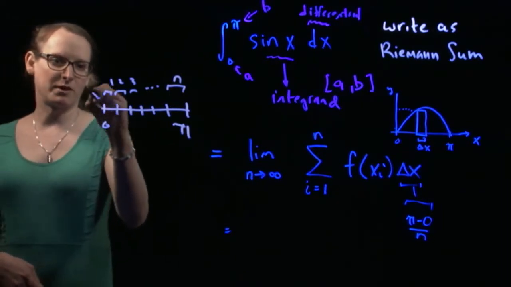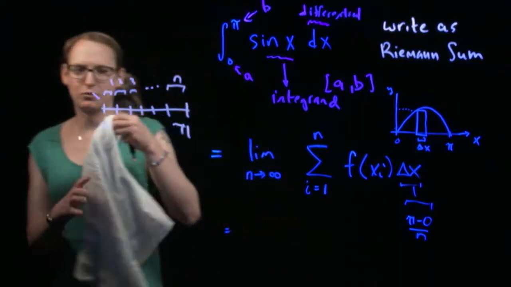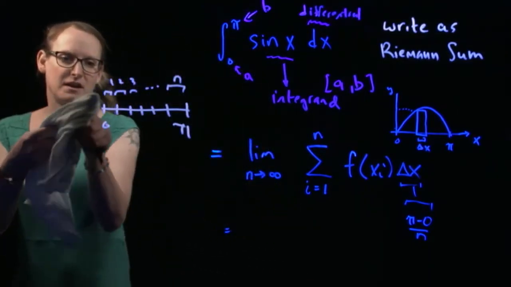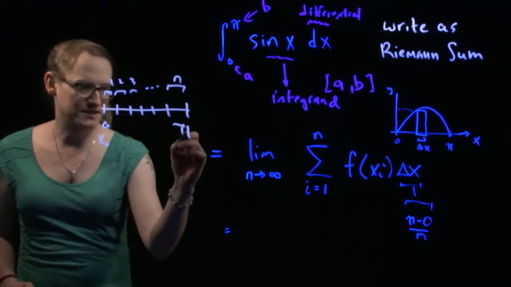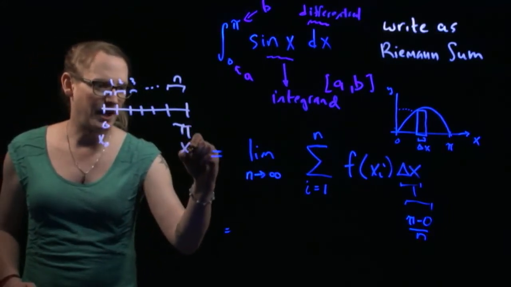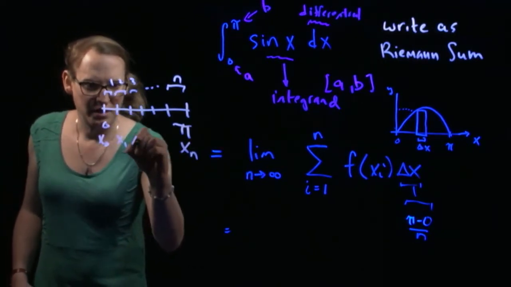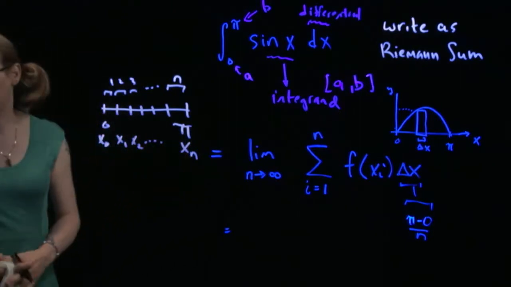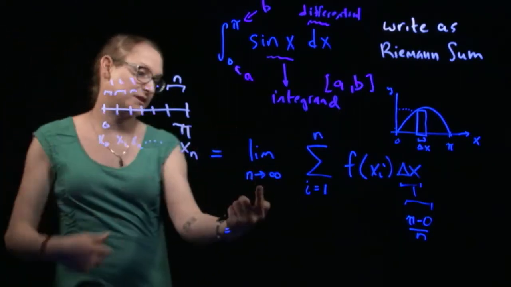Remember that these points are labeled with subscripts as little x values. So 0 is what we call x sub 0. Pi is what we call x sub n. The next one is x sub 1, x sub 2, all the way until we get to x sub n. We're keeping this generic, though. I'm not specifying what n is because I'm going to take it to infinity.